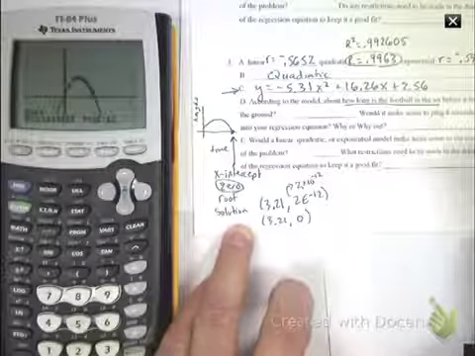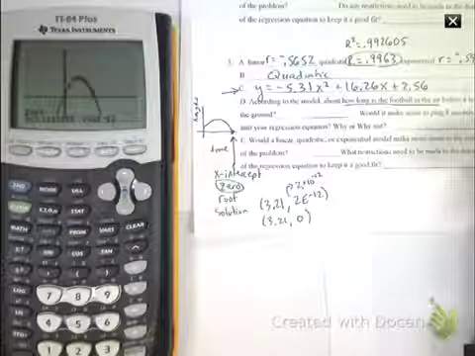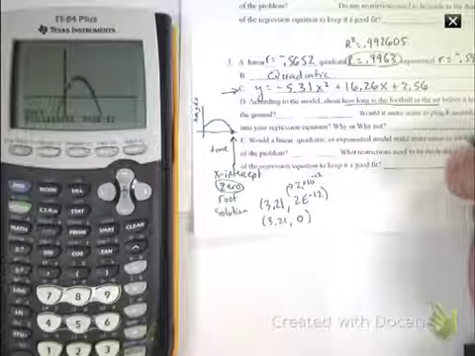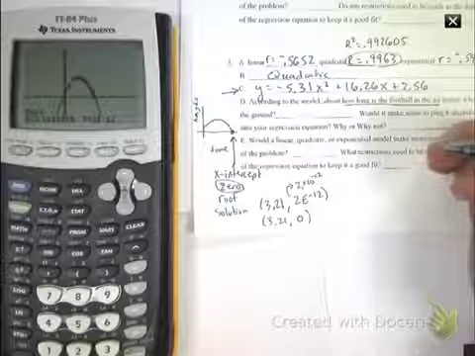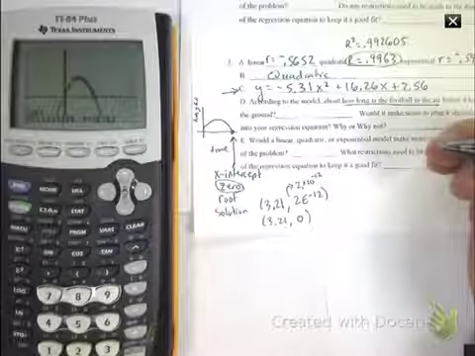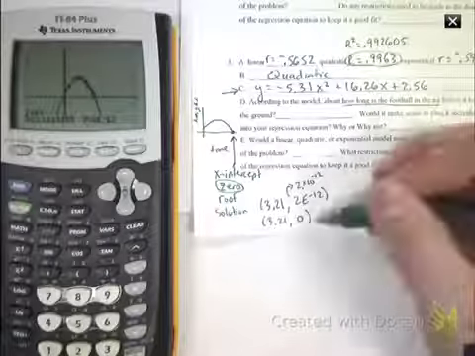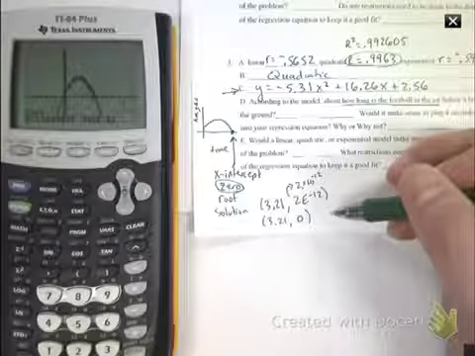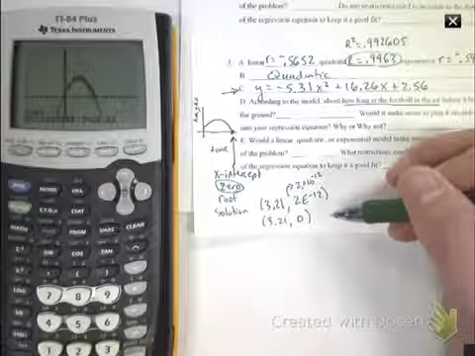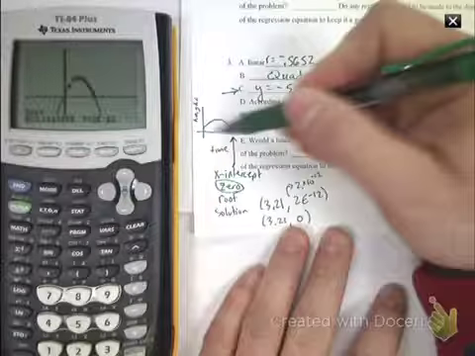Why would the calculator do that? Because it's the calculator. It doesn't have a brain. It doesn't realize that there's a mistake or an error here. There's a slight rounding error that's occurring. The correct answer is 0, and you, with the brain, have to be able to make that decision. Okay? So, what is the height at this point?